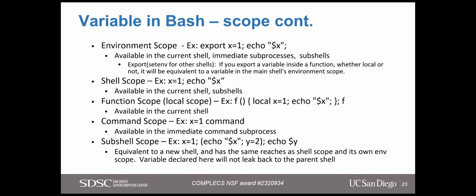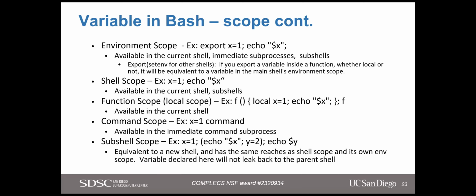You can do shell scope, which means it's available to your current shell and all subshells. You can do function scope. Again, that'll be within your script, which is the current shell. And then within the current shell, you can also, within the function itself, define local. There's command scope.